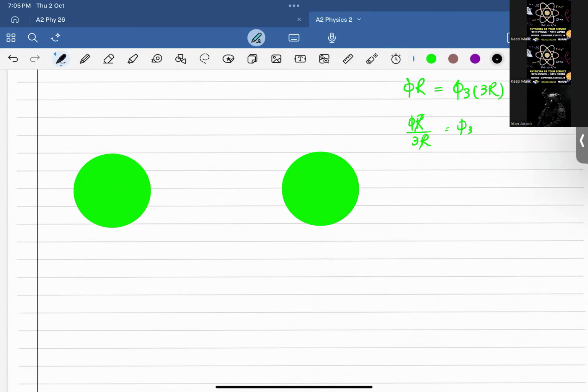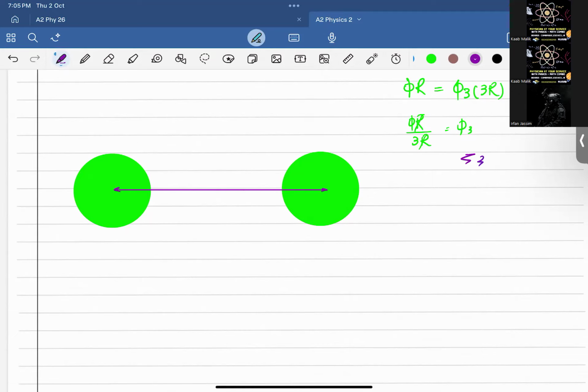The distance between the two masses is this one, right? Okay, this is the distance.